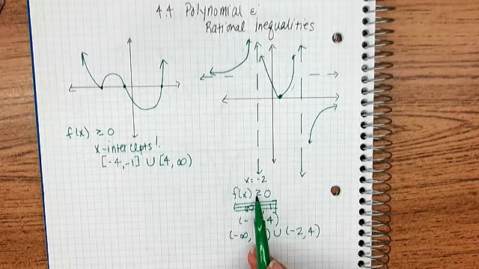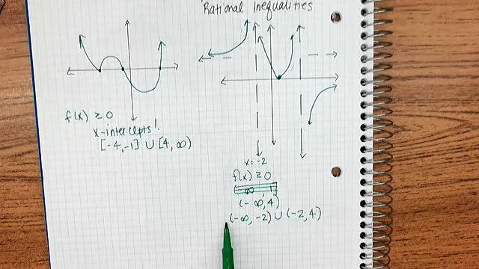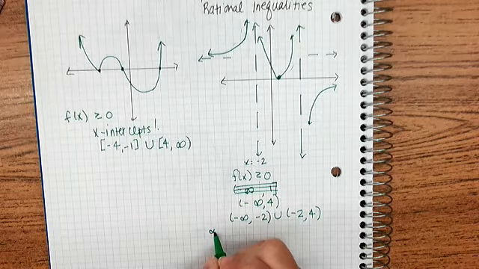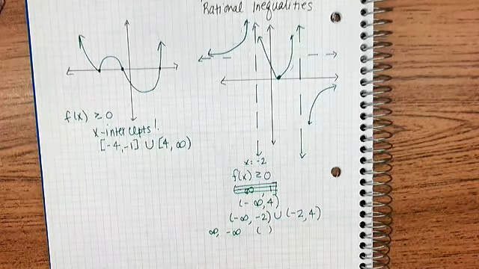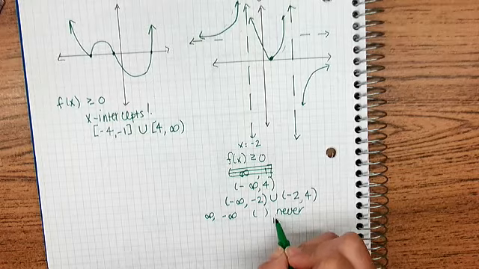Even though this says or equal to, it doesn't matter. So infinity is always a parenthesis, and same with asymptotes. So infinity, -infinity are always parentheses. They're never included. So never brackets.